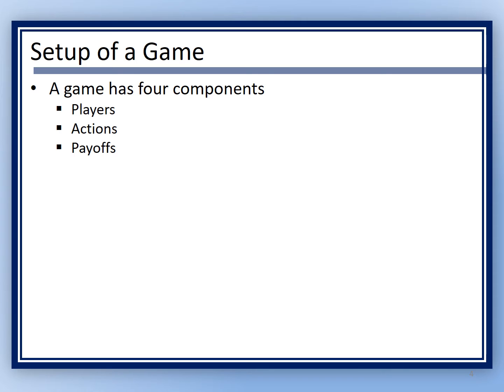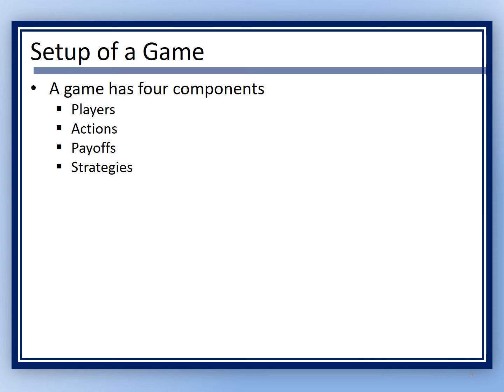Higher payoff means better. While in chess, the player usually wins by being the last man standing. Imagine in a game like poker, right? In poker, you very often keep track of the number of points you have. So that would be a payoff.